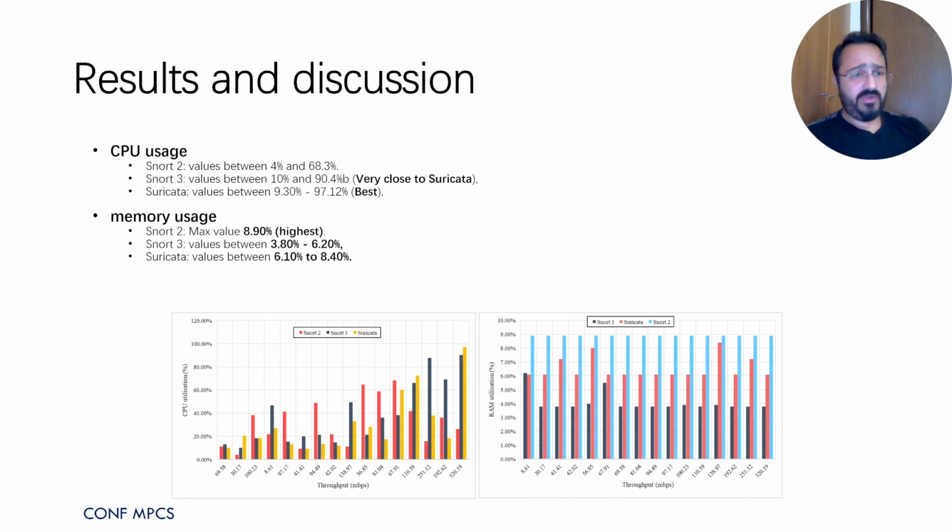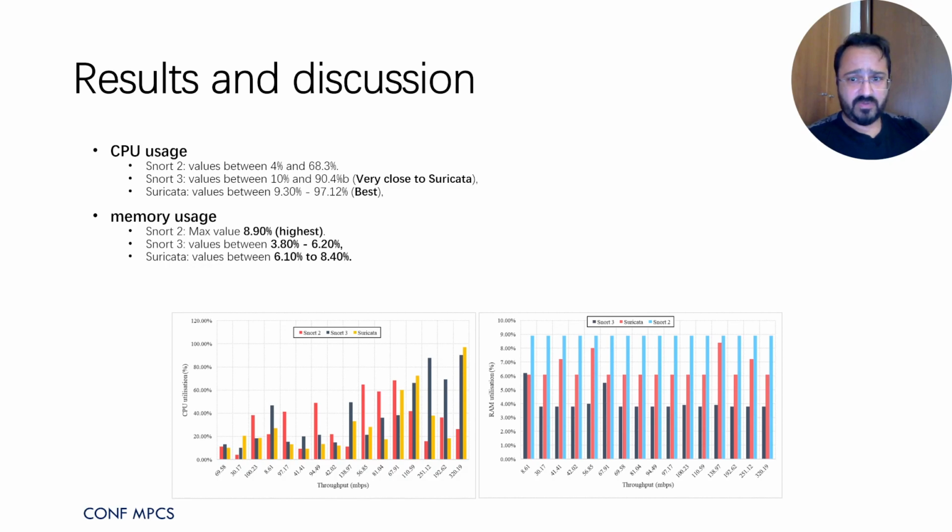So what were the results from our monitoring and our tests? We indeed see an improvement with Snort 3. First of all, we saw that Snort 3 was close to Suricata in terms of CPU usages.